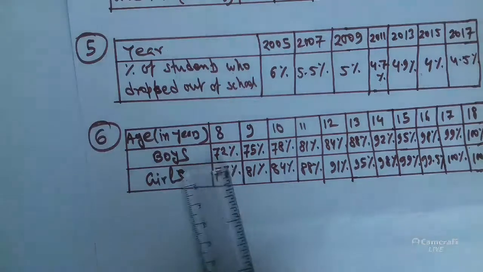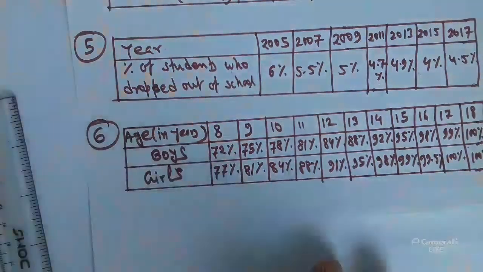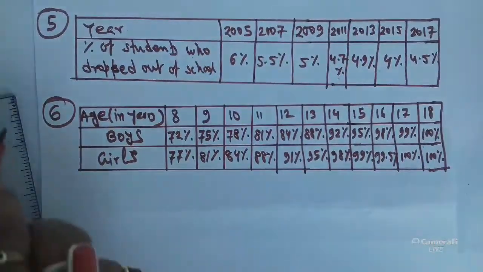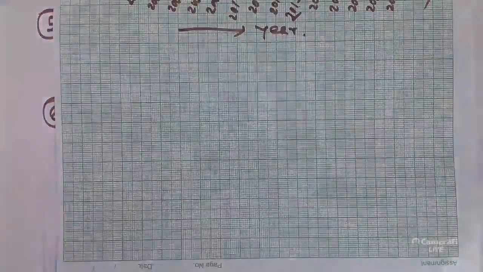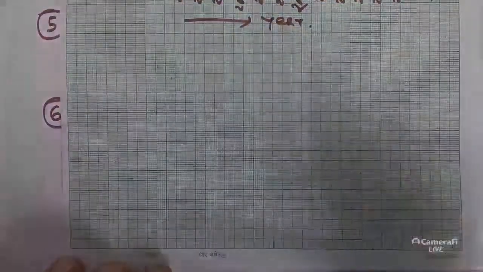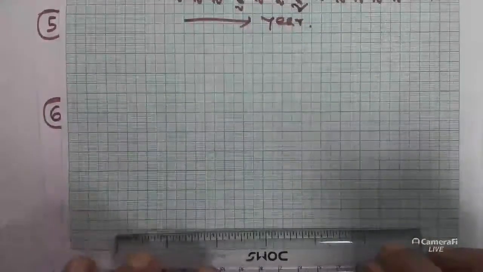Okay, now this is the given data. Now we have to draw the given data on a bar graph. So we have to take one graph paper for this. So at first we have to draw the x-axis and y-axis.